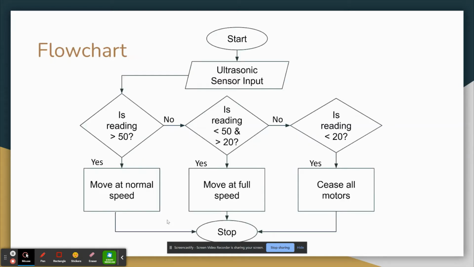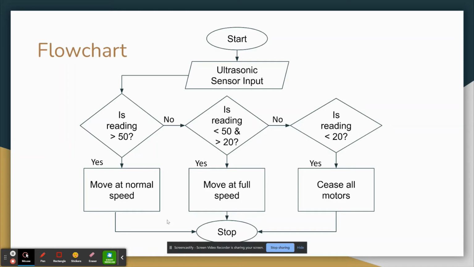Next, here comes a flowchart, which explains how the code of the robot worked. At first, we get the ultrasonic input from the movements of the hand. And then it leads to three main questions. If the reading of the ultrasonic is above 50, then it would move at a normal speed.